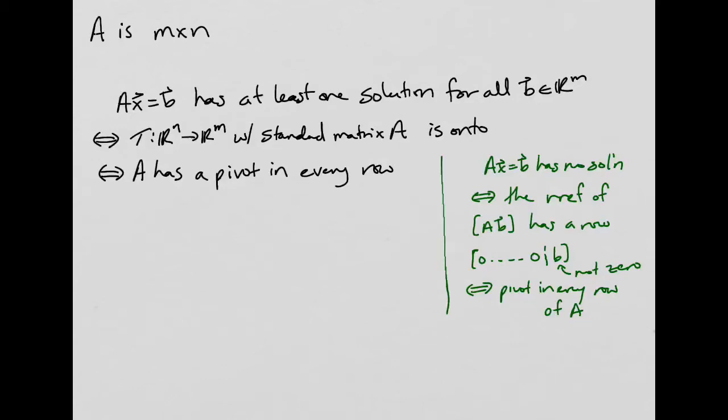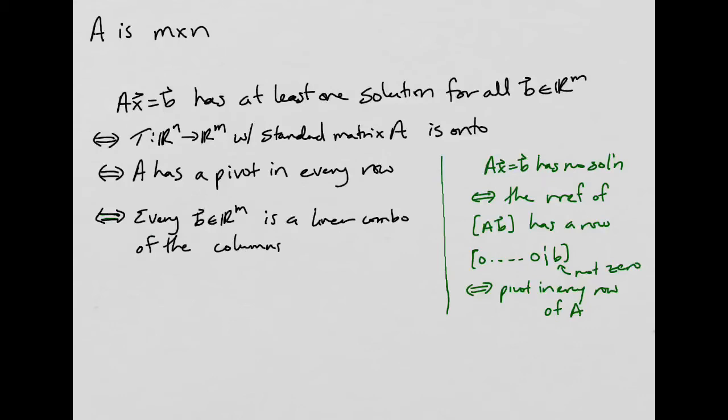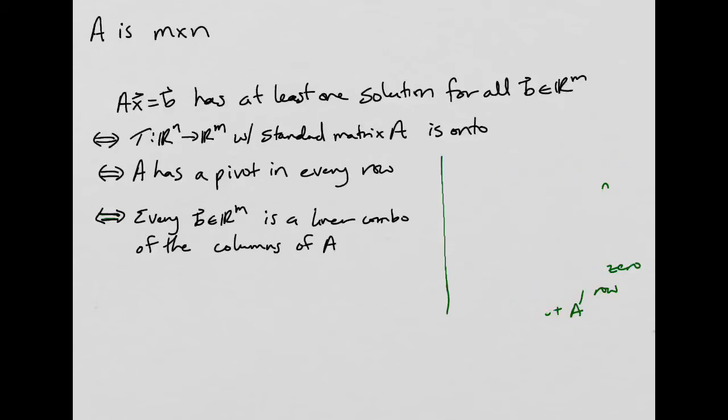So there are a couple more statements I could throw in here and bring up the language of linear combinations and spans. So the next statement that's equivalent to everything else is that every B, every vector in Rm, is a linear combo of the columns of A. And let me explain why that's true.